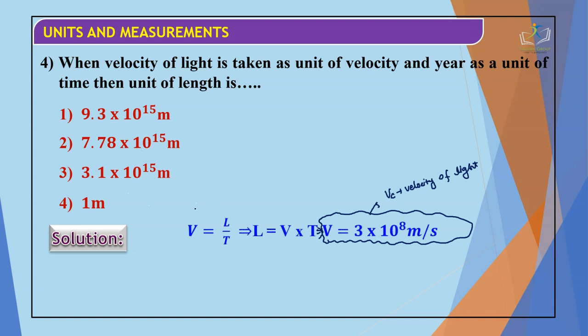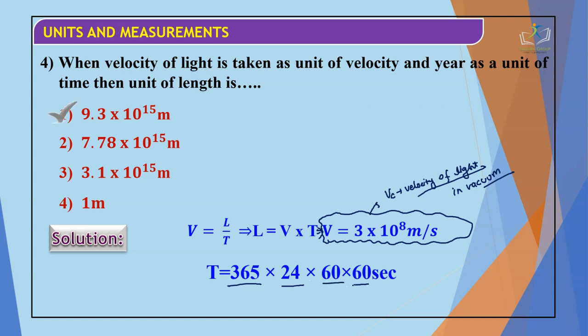We know that V is equal to L by T. Velocity is equal to distance upon time, and L is equal to V into T. The velocity V is equal to 3 × 10 to the power 8, which is the velocity of light in vacuum. So we put all these values like 365 days in a year, 24 hours, 60 minutes and 60 seconds. We solve this and get 9.3 × 10 to the power 15 meter.